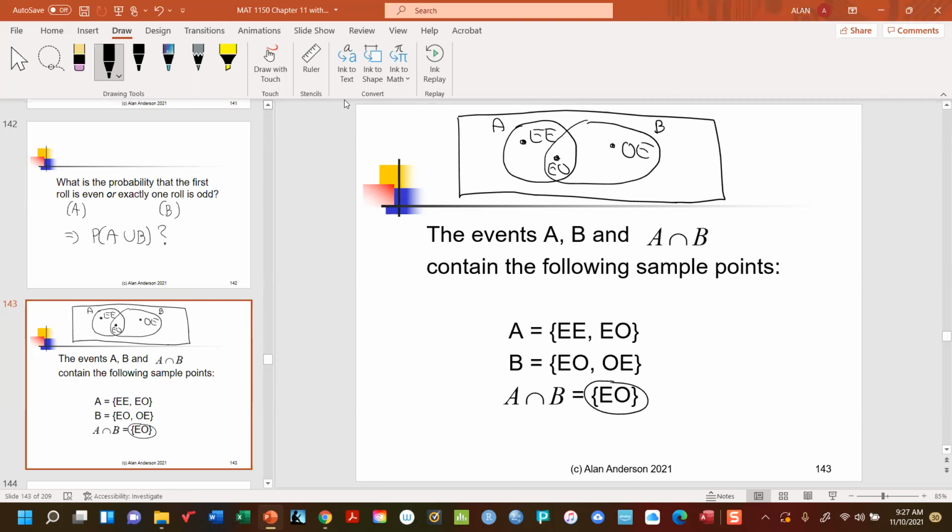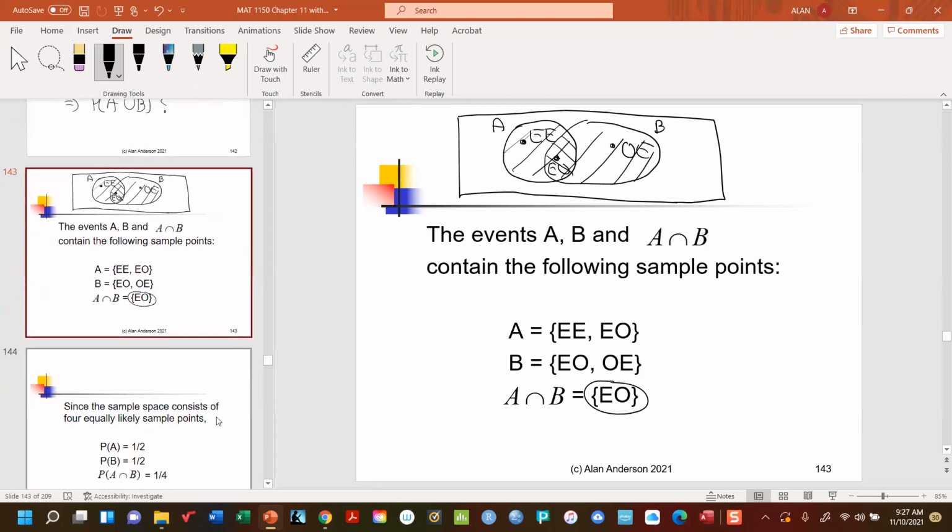So I need to calculate the probability of this shaded region. And here's of course the intersection between them, which is our EO. So we're going to apply the rule that we just learned. But before we do that, remember, in this case, the sample space has all elements that are equally likely.